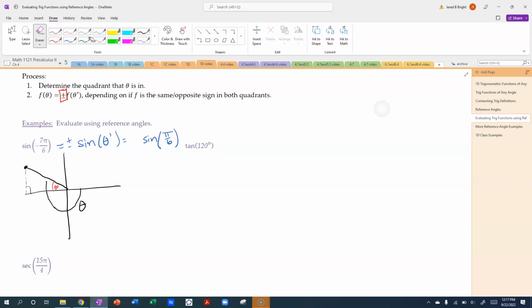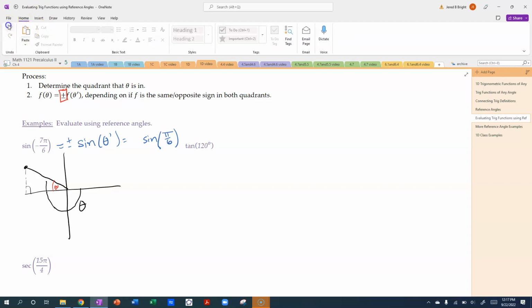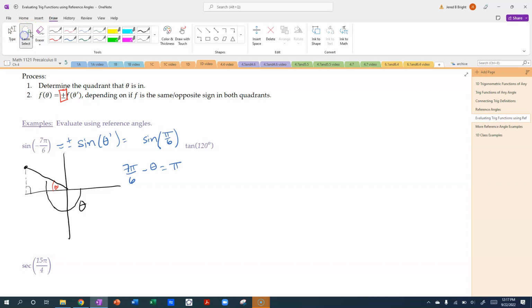All right, so now I'm ready to evaluate it, but I have to keep in mind it says depending on the quadrant.